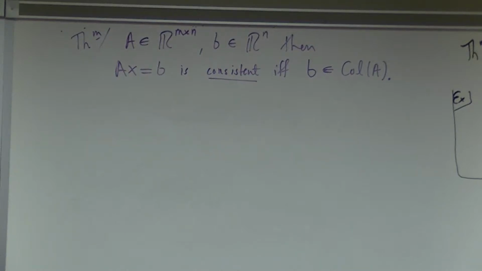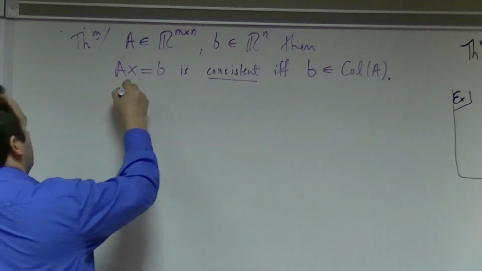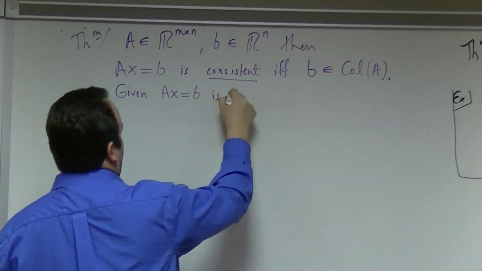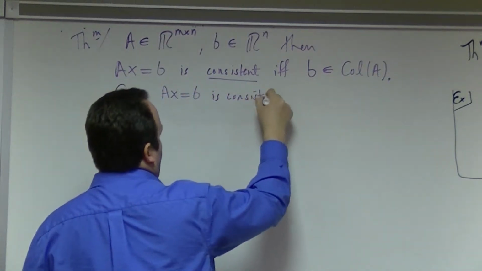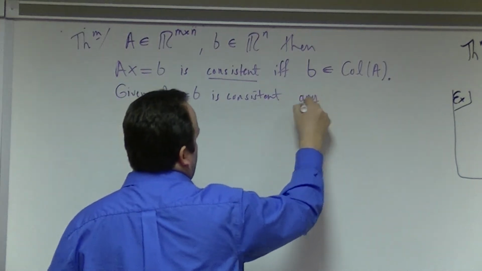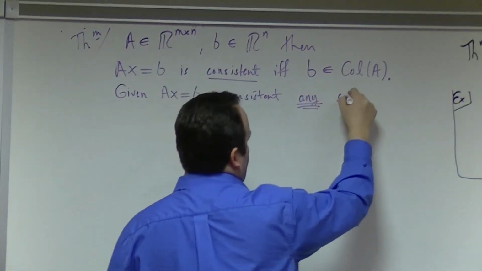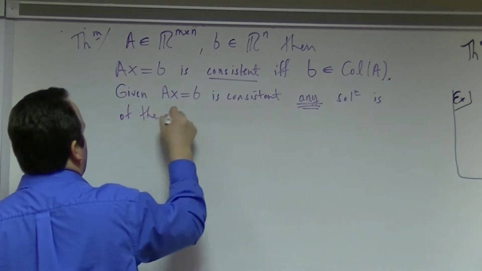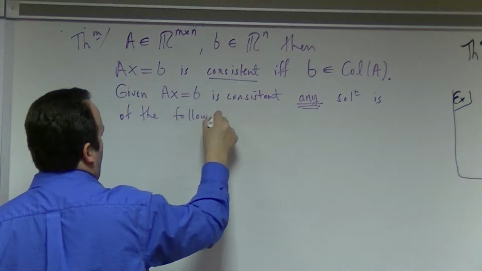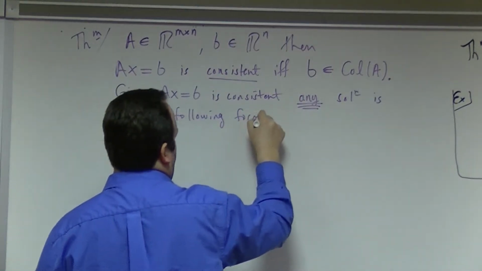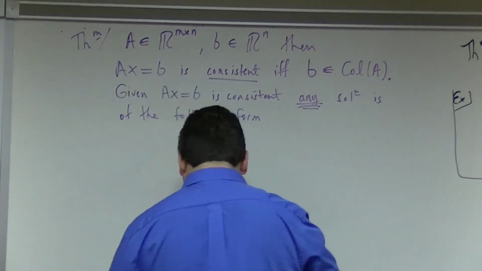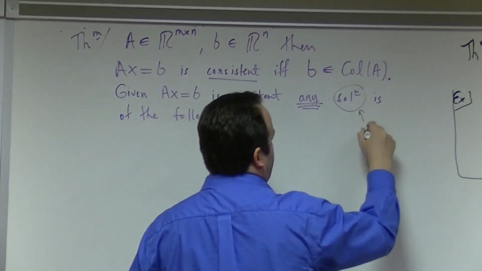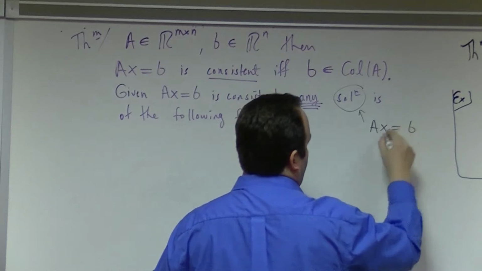Okay, point number 1. Given Ax equals b is consistent, any solution is of the following form. And when I say solution, I'm of course referring to solutions to Ax equals b.